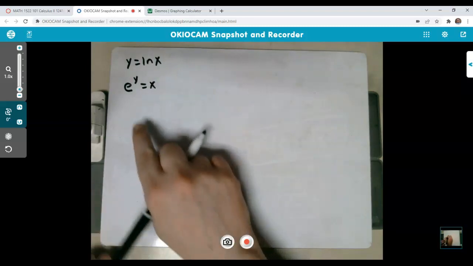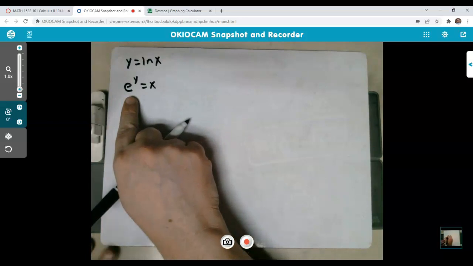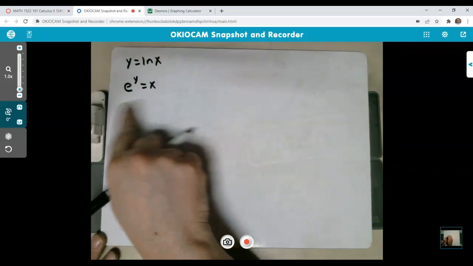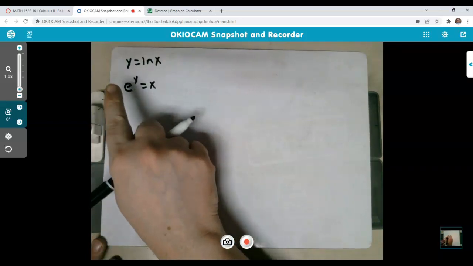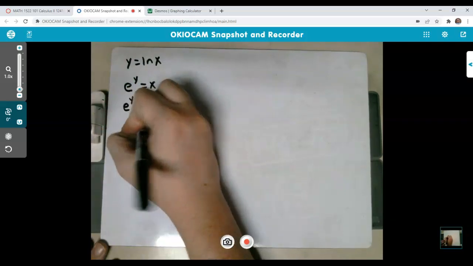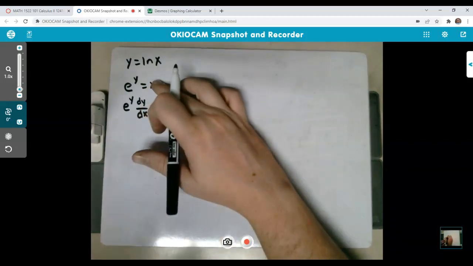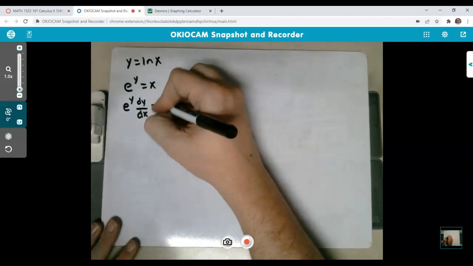Okay. So now I can take the derivative of all of this. So first start over here. Remember we said e stays e, so that's just going to be e to the y. But like we said, whenever I take the derivative of a y term, I have to multiply that by dy/dx is equal to, and then the derivative of x is just a 1.